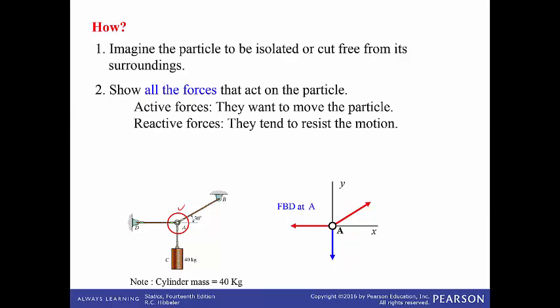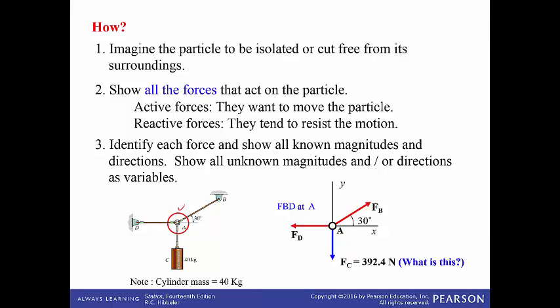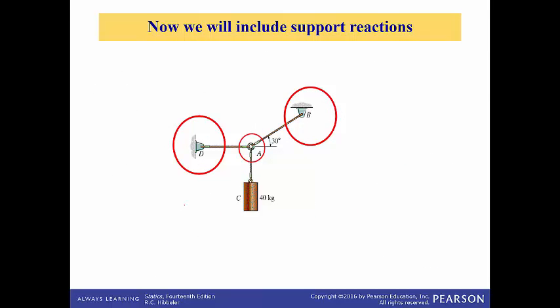So we were drawing active and not always the reactive forces. Now we're going to identify all of those forces, including the reactive forces. So now you'll be able to draw a free body diagram, including these reactive forces that are in these support reactions.